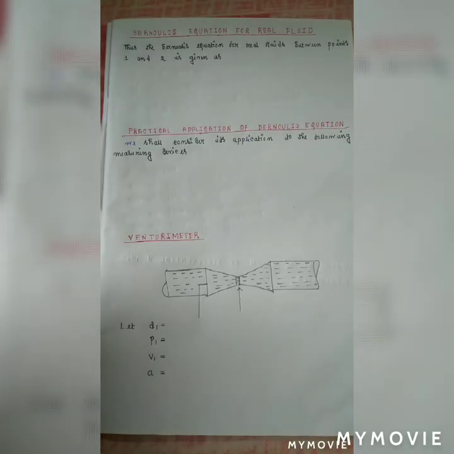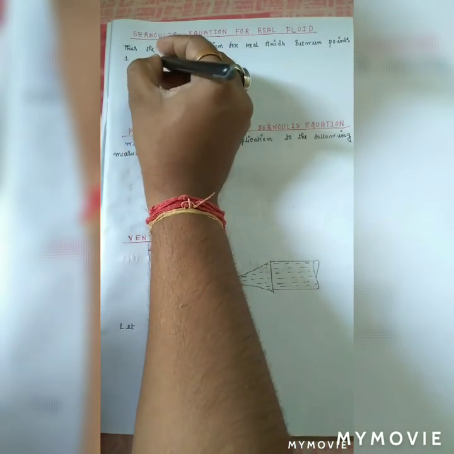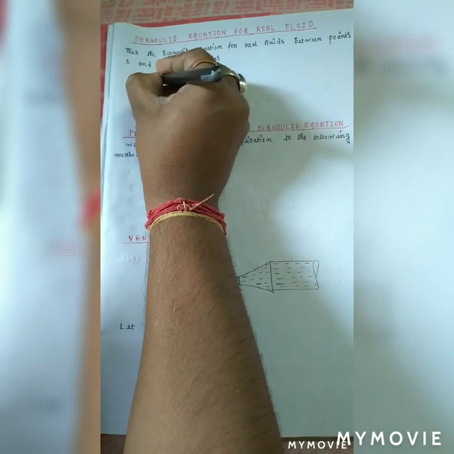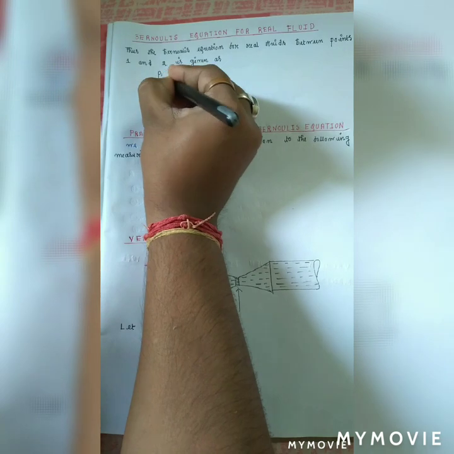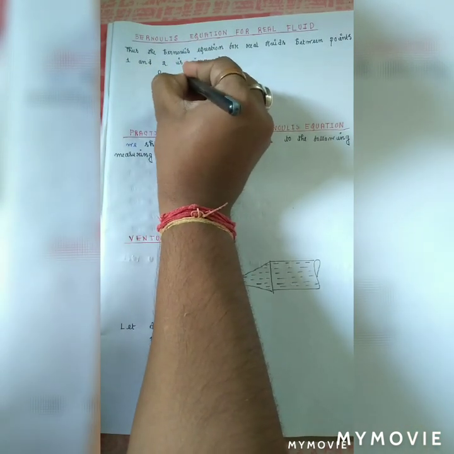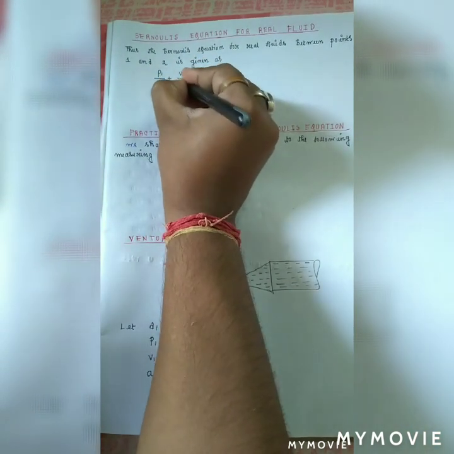Okay, let's start. Let's discuss first Bernoulli's equation for real fluid. Bernoulli's equation was derived on the assumption that the fluid is inviscid and therefore frictionless. But all real fluids are viscous and hence offer resistance to flow.